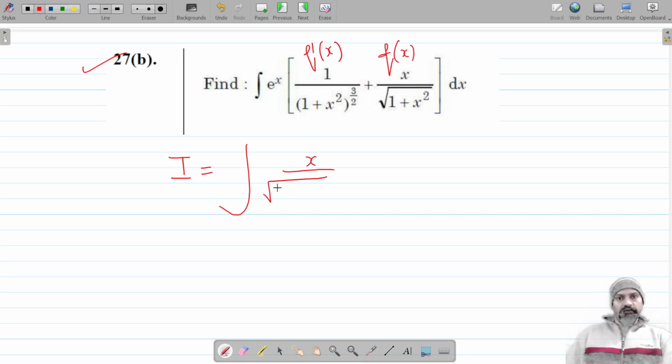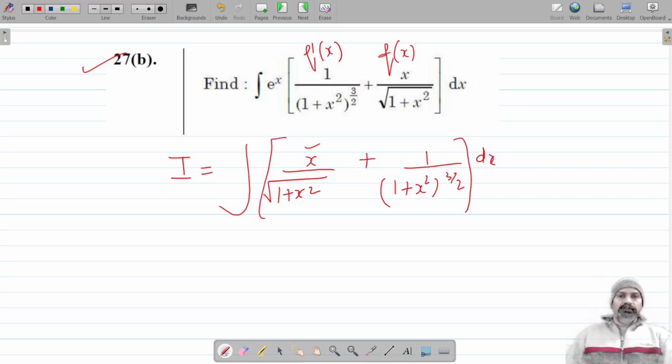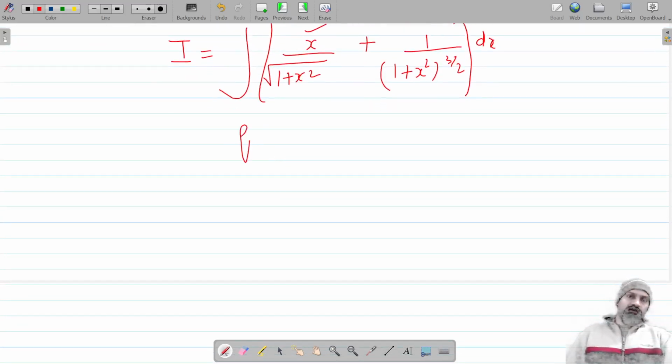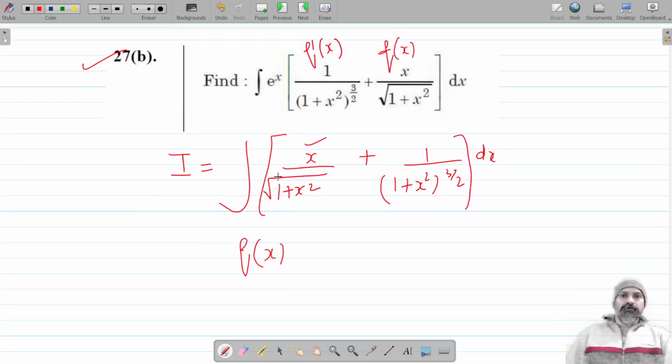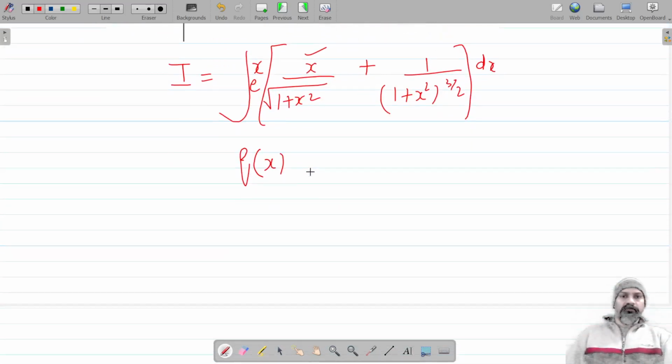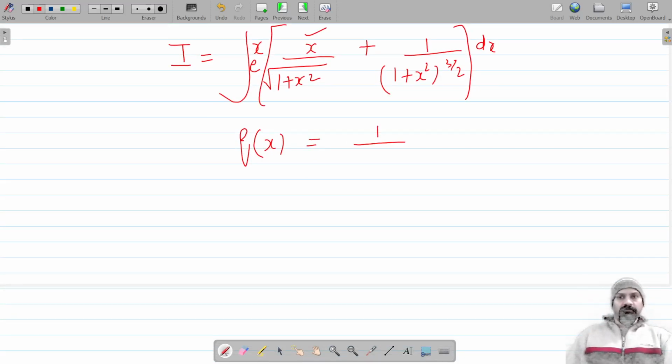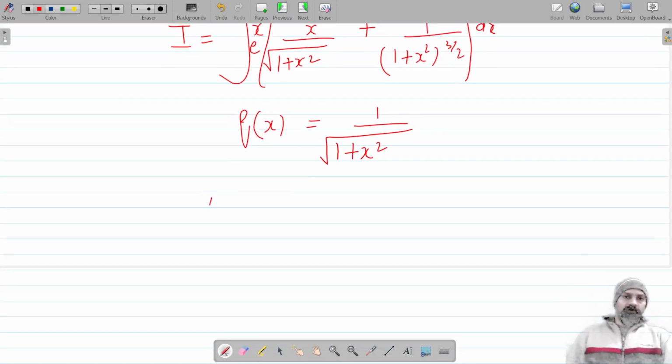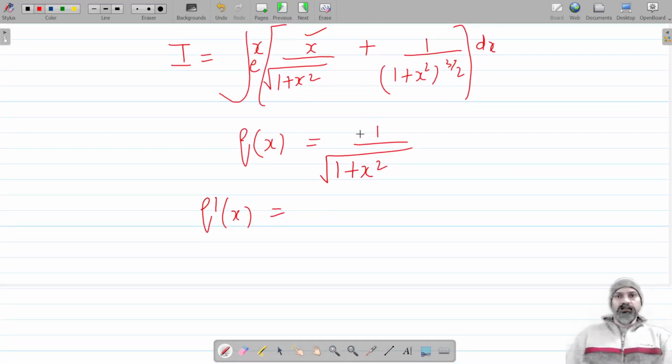I'm going to write this as the first function plus 1 upon 1 plus x squared raised to the power 3 by 2 into dx. Okay, now let's consider this f of x. And obviously here it's e raised to the power x. So f of x is 1 upon under root 1 plus x square, and if we differentiate this with respect to x, so this is x.